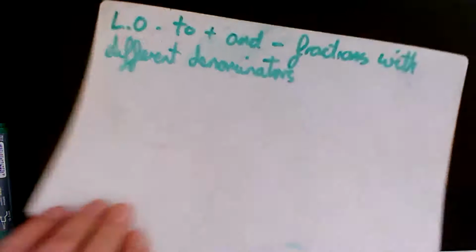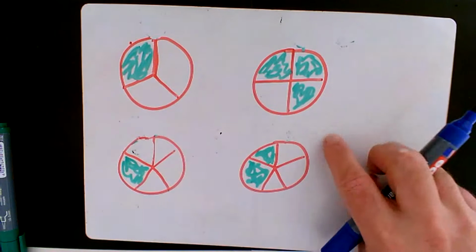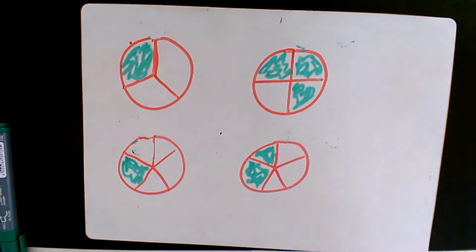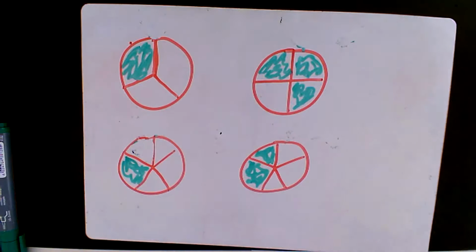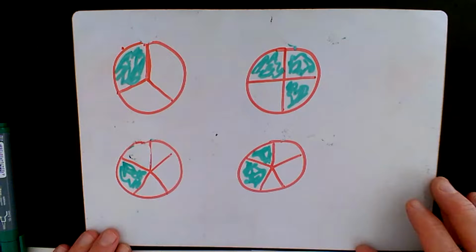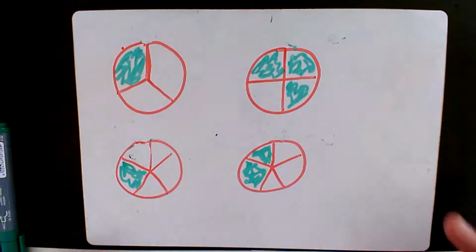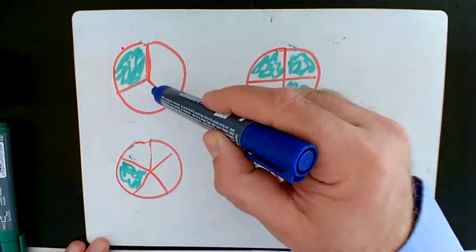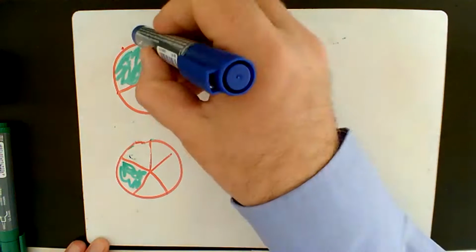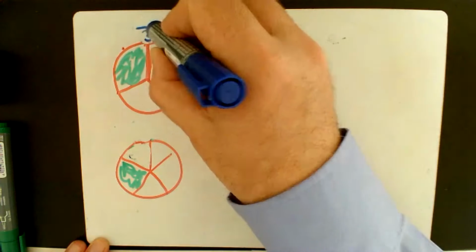Okay, so let's go back to what fractions actually are. We probably should have spent a little bit more time on this yesterday. Remember, a fraction is a number which is less than a whole number. Imagine this is a whole pizza. It's split into thirds. The way it's split is our bottom number, our denominator.